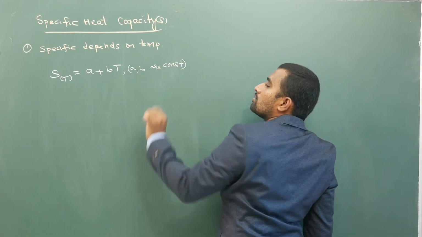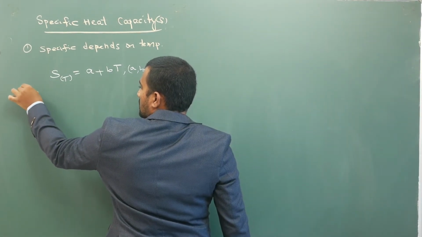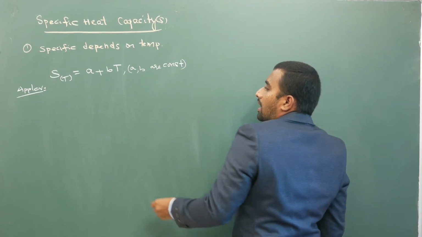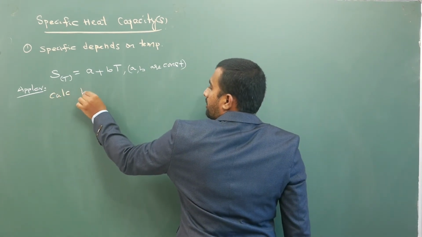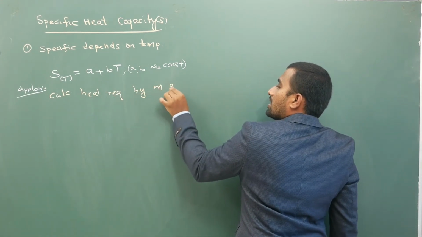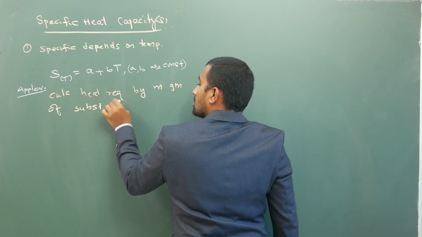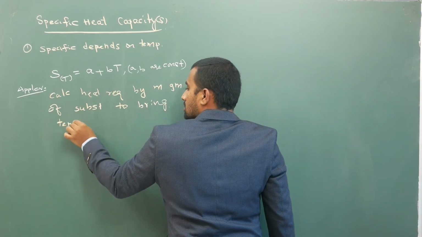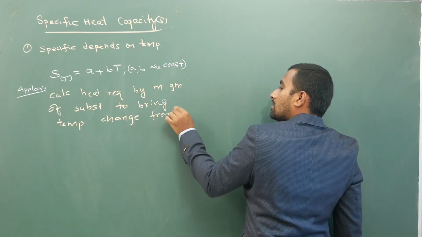Now if I ask you a question like this: calculate the heat required by m grams of substance to bring a temperature change from T1 to T2.